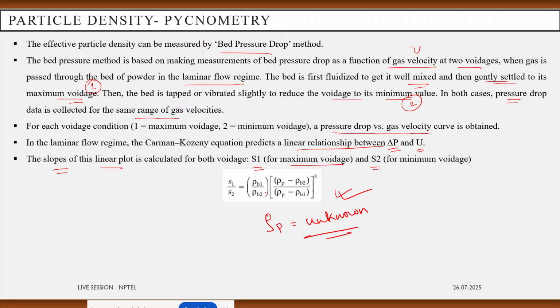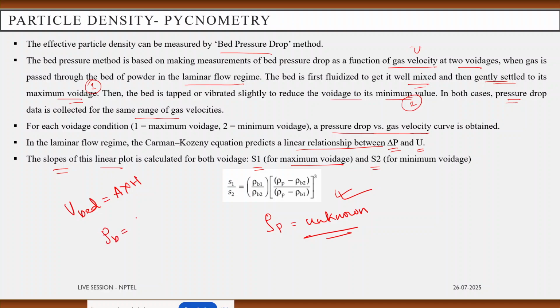In this, we know rho b, that is the bulk density of the bed, because we know the volume of the bed, which is area into height.